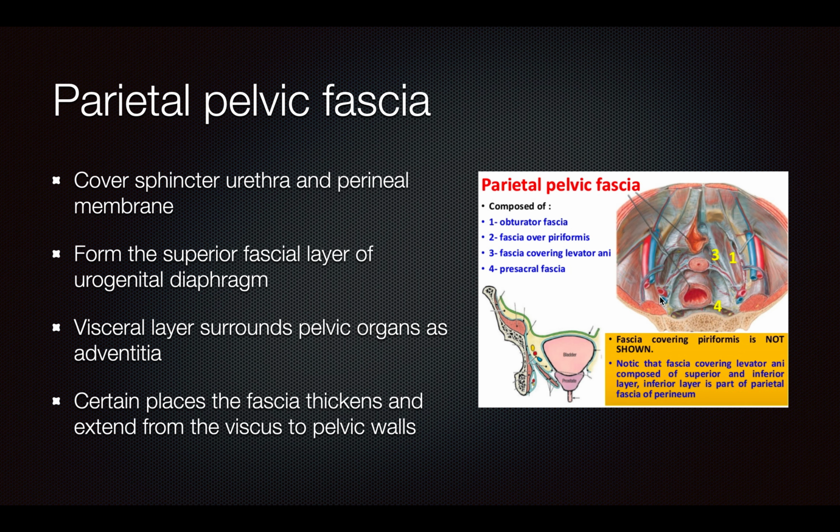The visceral layer will surround the pelvic organs as adventitia, and in certain places the fascia thickens and extends from the viscus to the pelvic wall. What's important to know is that these are just protective fascia to keep the structures in place and not allow things to move along, especially during things such as straining.